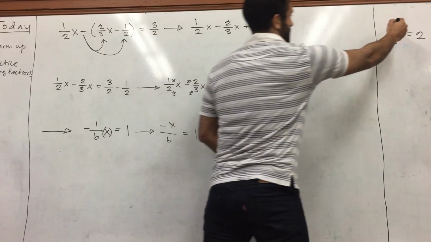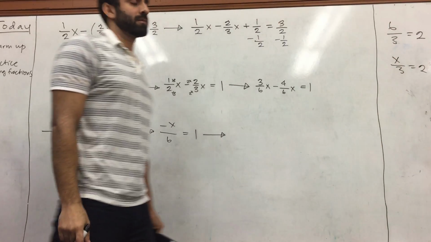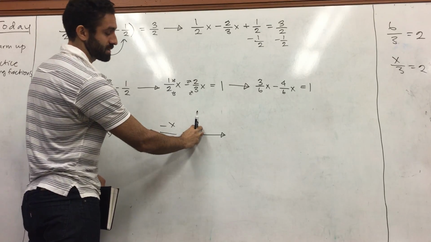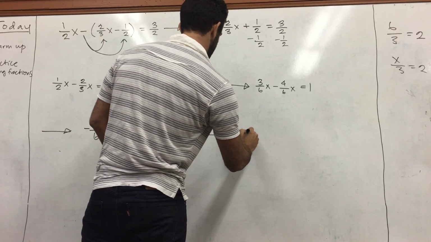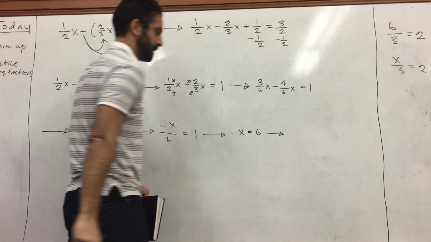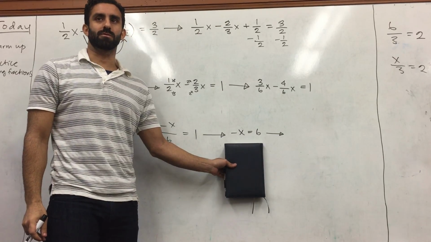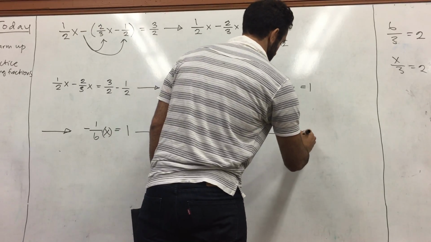Instead of 6, we have something like this. The denominator times it, so negative x equals 6. What's regular x equal to? What's positive x equal to? -6. X equals negative 6.